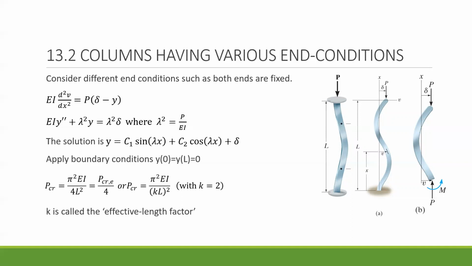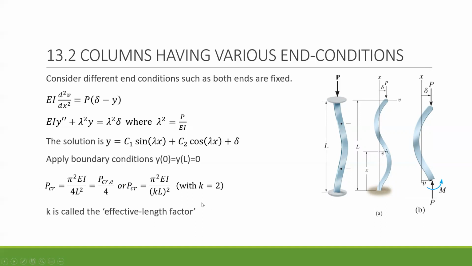The other end types have a similar relationship. Therefore, we simplify the relationship like this: P CR for this end condition is pi squared EI over (K times L) squared.